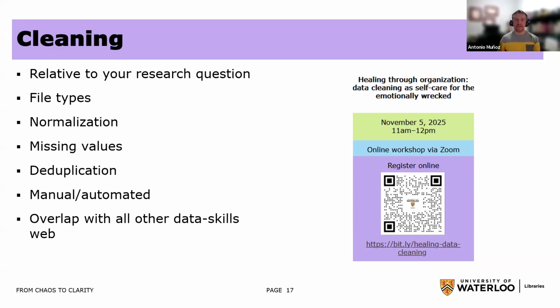You will typically look at normalizing values, identifying missing values, and doing deduplication. The process can be either manual or automated, depending on how messy your data is. Also, cleaning really overlaps with all of the other data skills from the web that we talked about at the beginning.